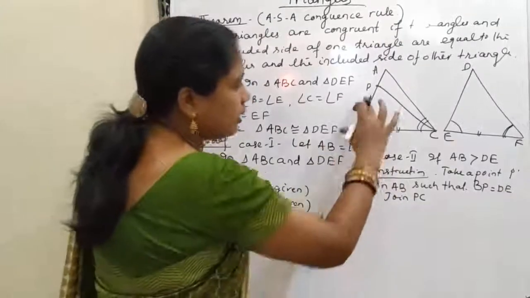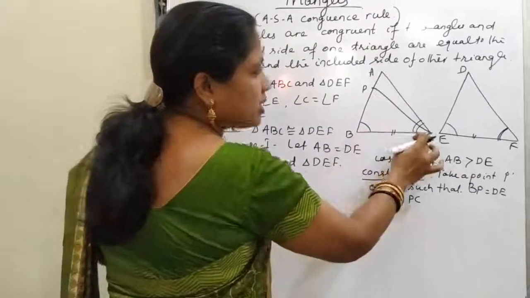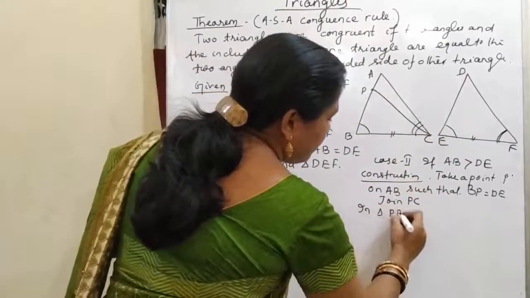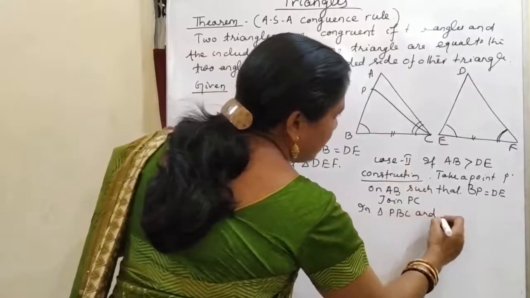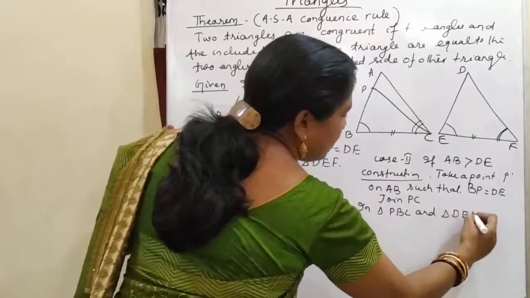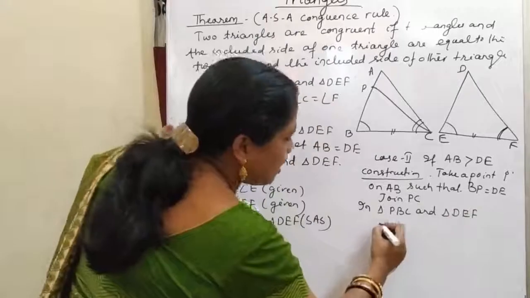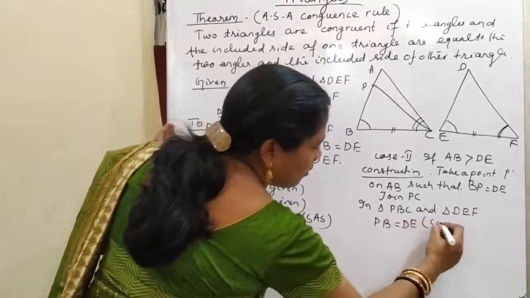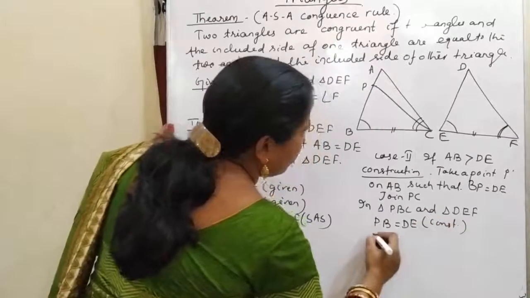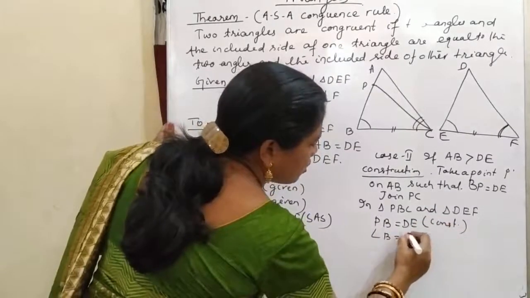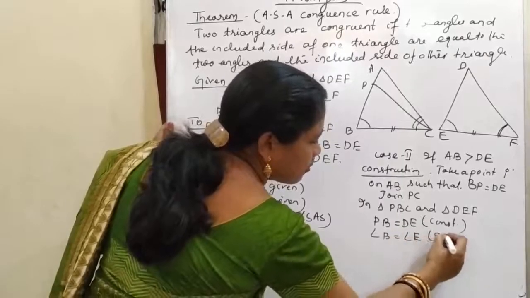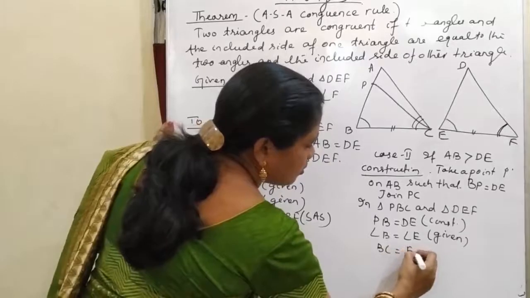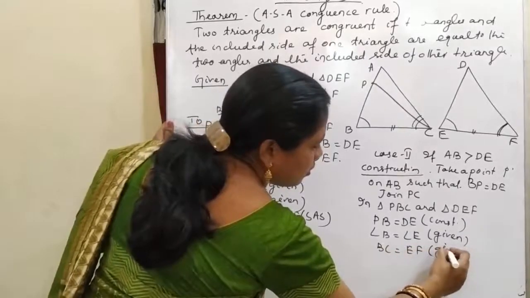Now we will take triangle PBC and triangle DEF. In triangle PBC and triangle DEF, what are the equal parts? PB is equal to DE by our construction. Then angle B is equal to angle E, this is given, and BC is equal to EF, this is also given.